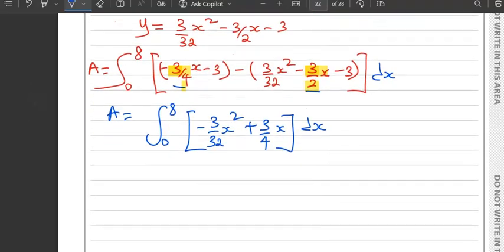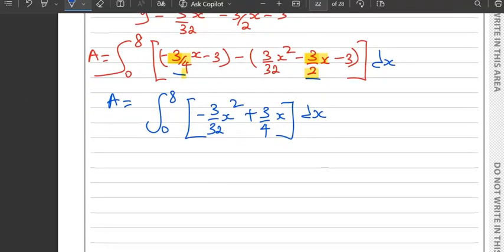Now integrating this, we increase the power by 1, then divide by the new power.